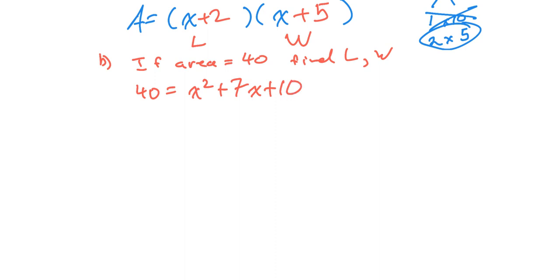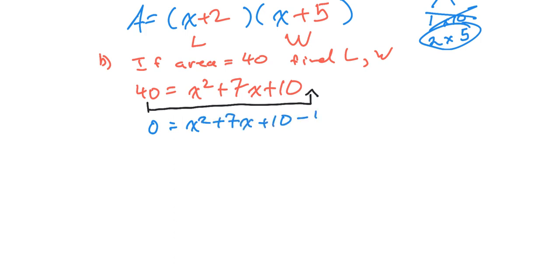Now, this is not something we can factor right away. So in order to do that, we're going to take this 40 that's on this side and move it to the other side. Instead of being positive 40, it becomes negative 40. So we end up with 0 is equal to x squared plus 7x plus 10 minus 40.